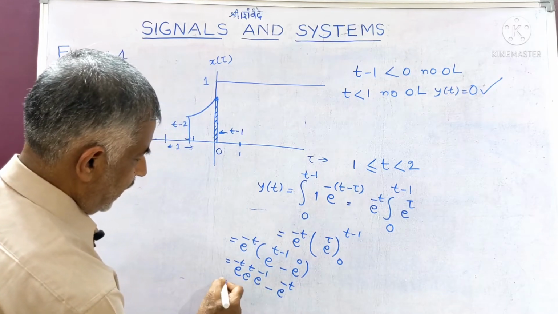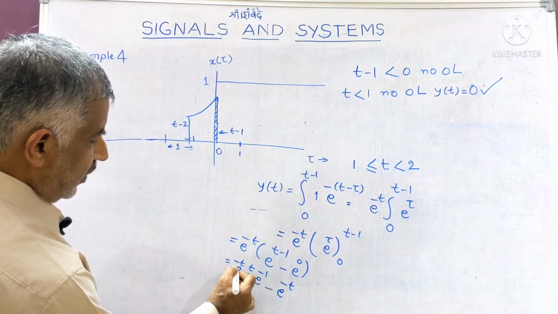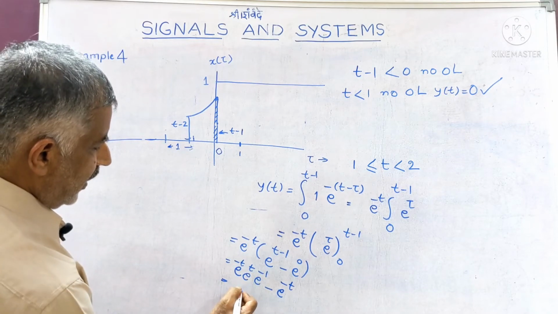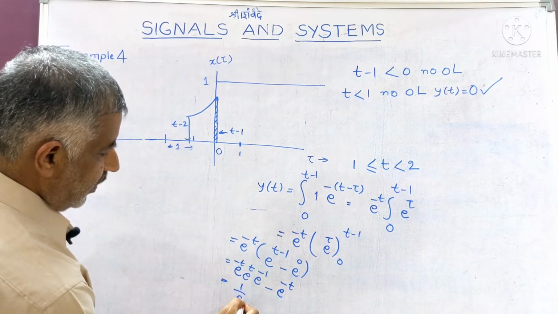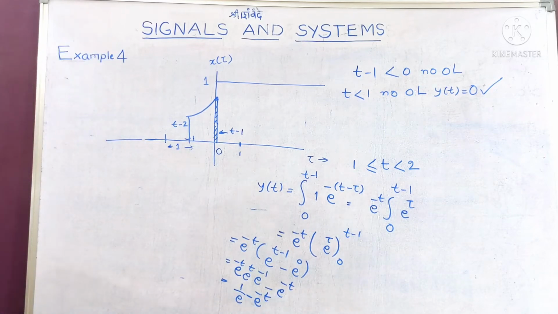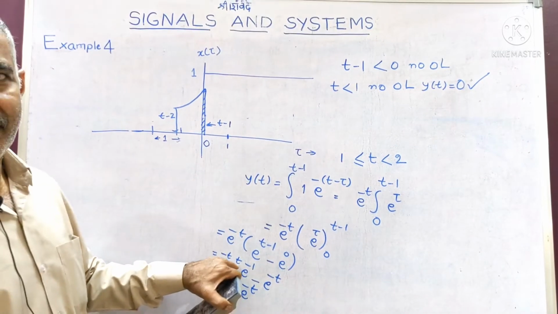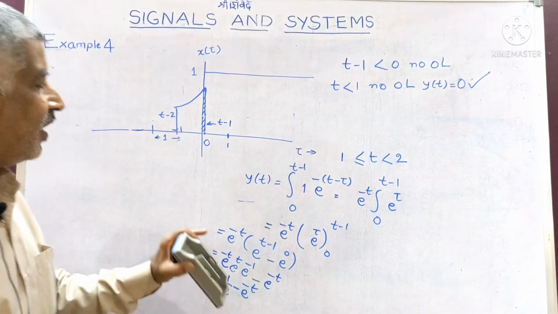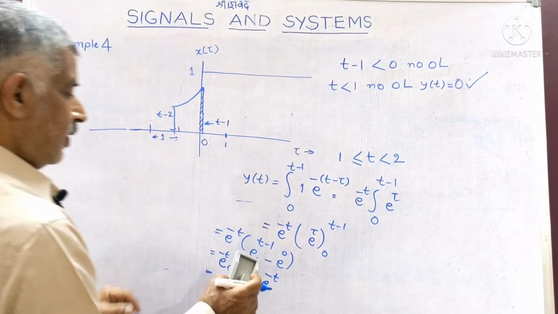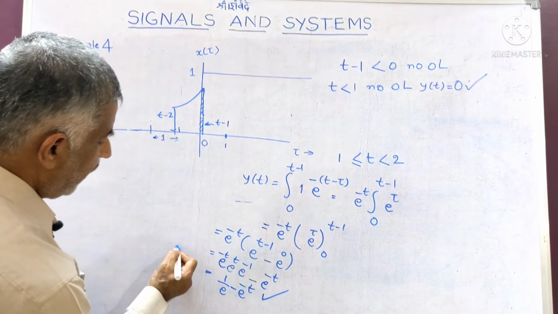Therefore, this e power t gets cancelled, and this becomes 1 by e minus e power minus t. Okay, we are getting the same answer that we got in the previous method. Now I will write the next stage. This is one of the answers, y of t.